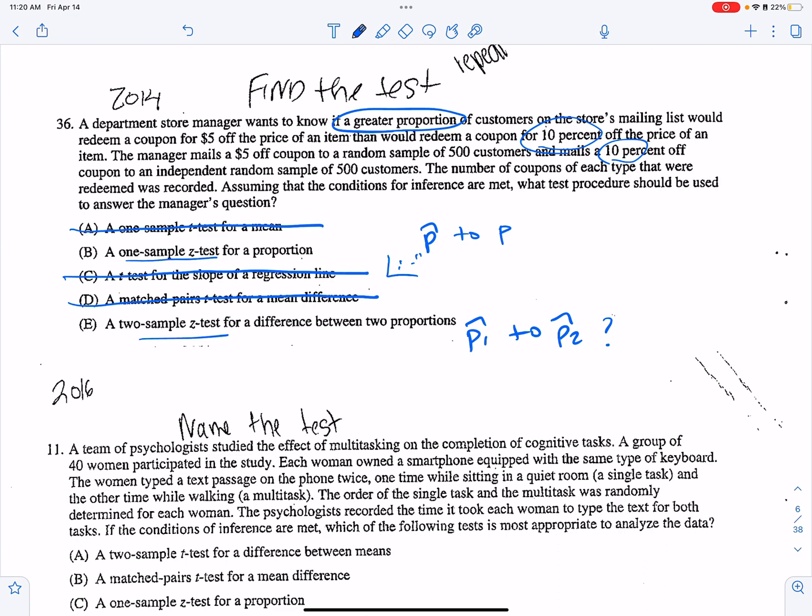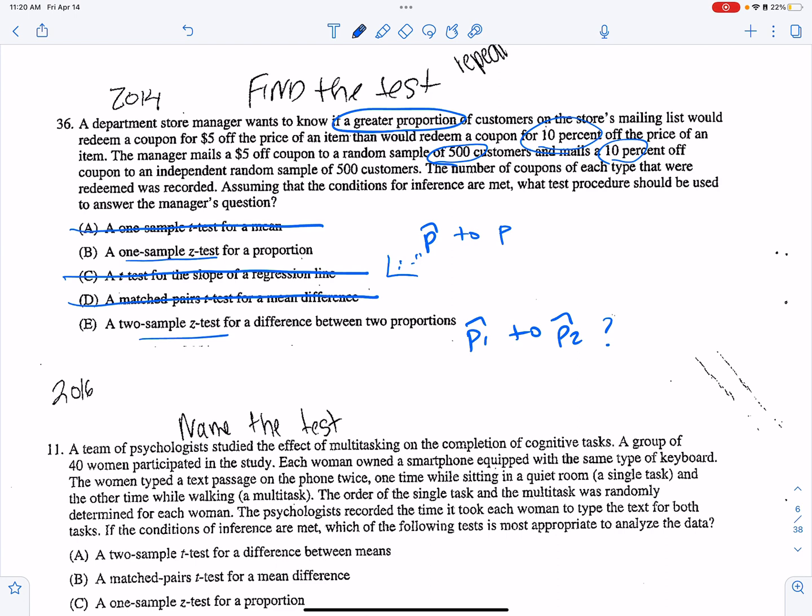Okay, so if I were to do this, I would say that I am looking for a random sample of 500 customers. And the number of coupons each type are recorded, assuming the conditions are met.